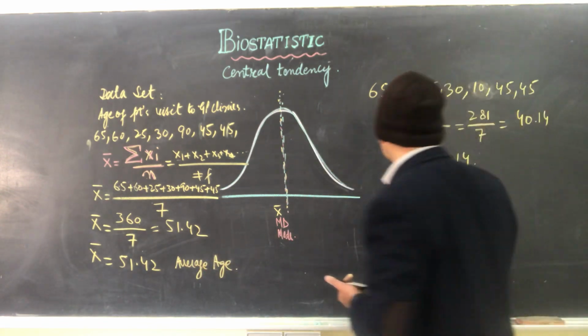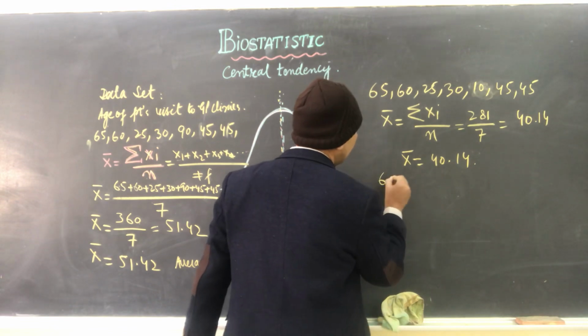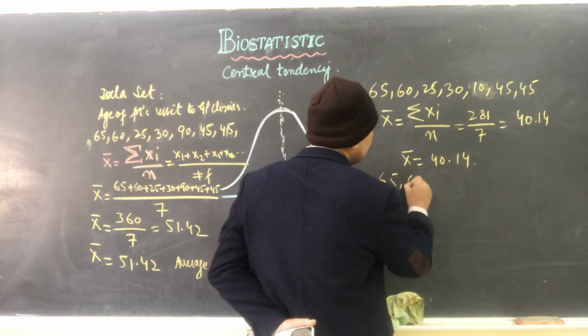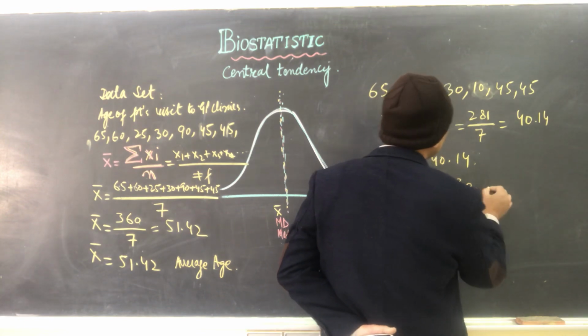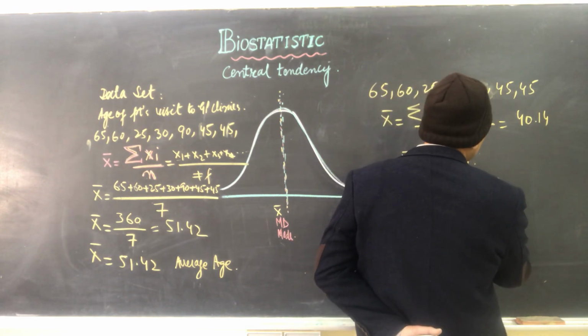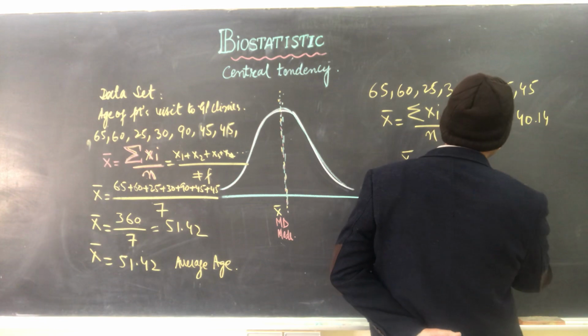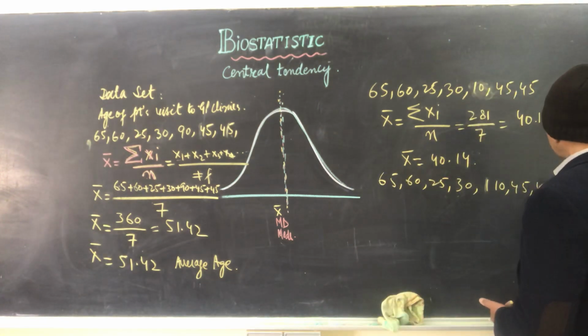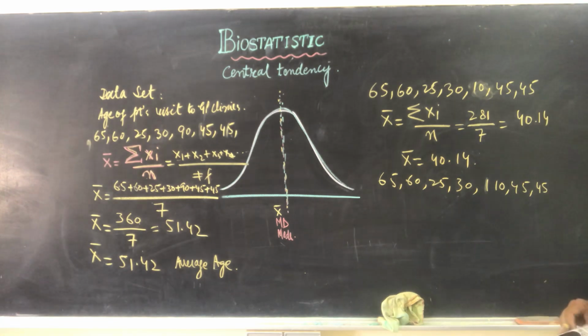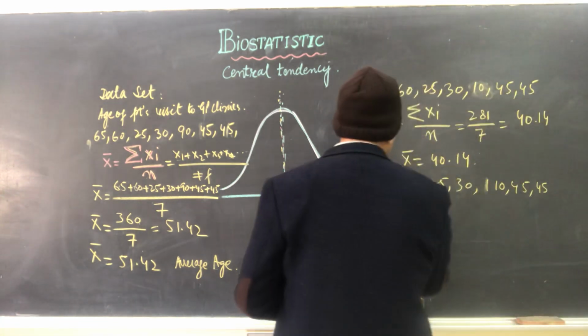Now let's see another example. 65 years, 60 years, 25 years, 30 years, and then 10 years, 45 years, and then 45 years. Now see what would be the effects on the mean age.